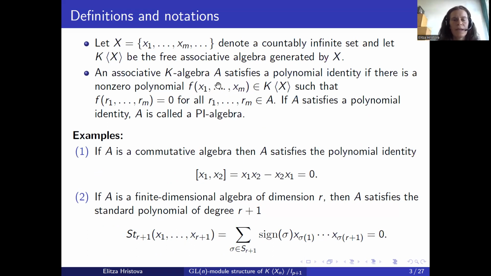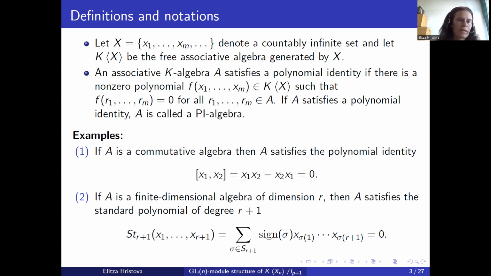And we say that an algebra A satisfies a polynomial identity if there exists a non-zero polynomial from K of X, in any number of variables, here for example in m variables, such that when we substitute the variables with elements from the algebra A, then we get 0 for every substitution. And if an algebra satisfies a polynomial identity, it is called a PI algebra.